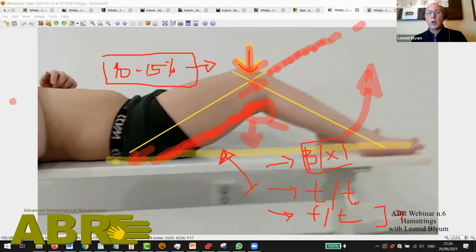So whenever we hear the word release or tenotomy or whatever, that's basically their acknowledgement that their so-called conservative approaches, the manual stretching or other forms of stretching, which are considered to be conservative, have failed.